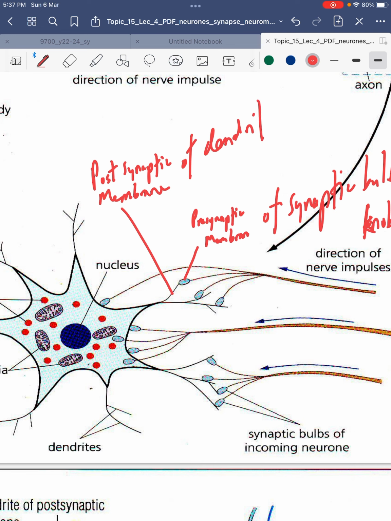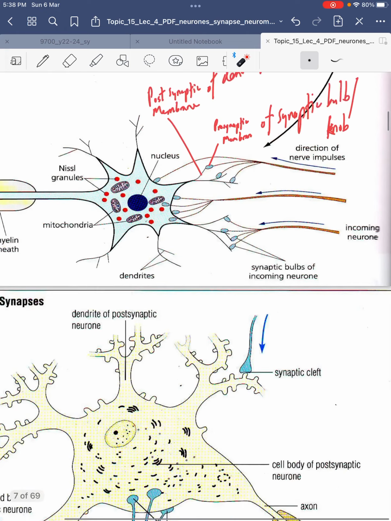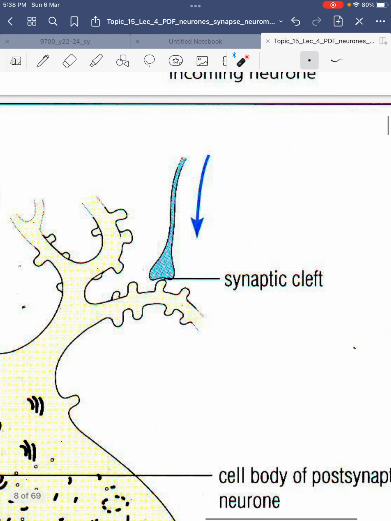The dendrites are a continuation of the cell membrane of this cell. This is the cell body, also known as soma. Here is another image.